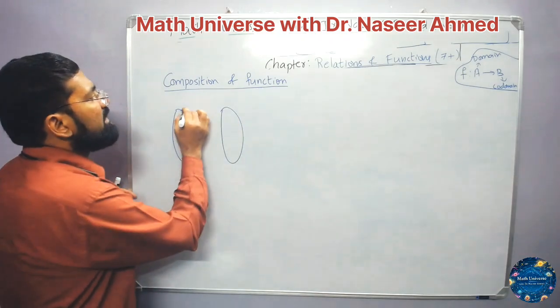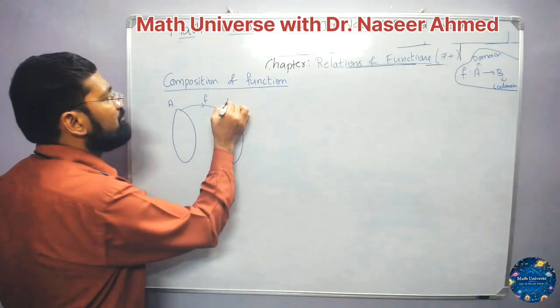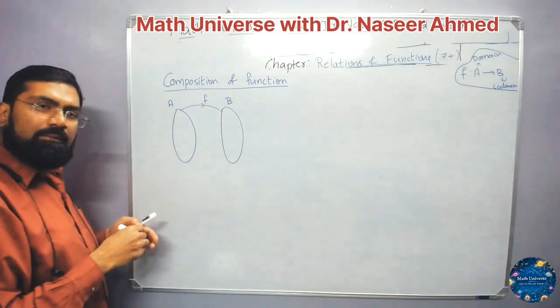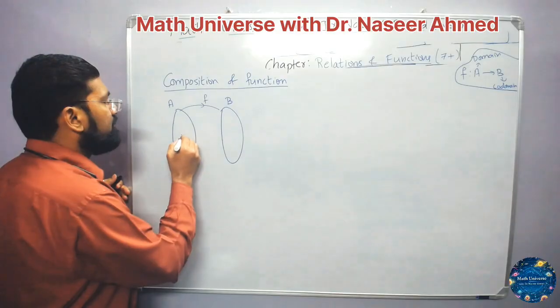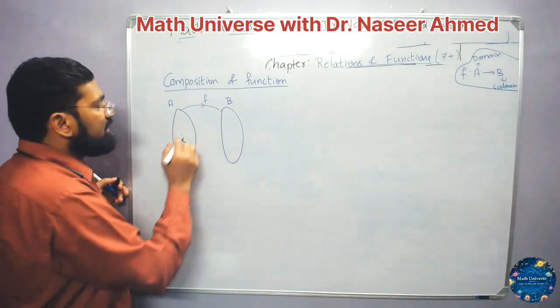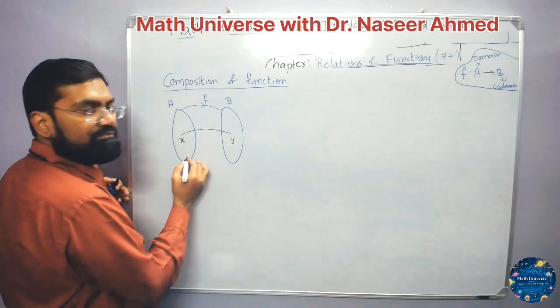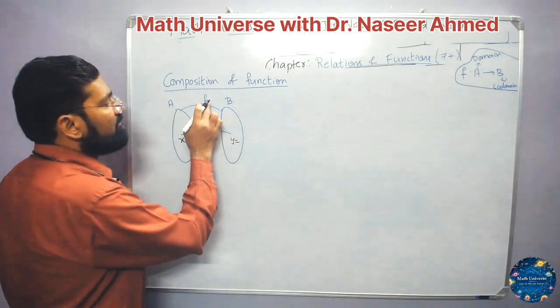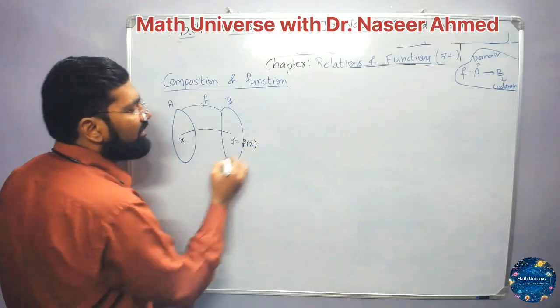Let us suppose that f is a function from A to B. So I have got an element x in the domain, and this f is mapping this x to some element y. Since f is taking x to y, this will be f of x.